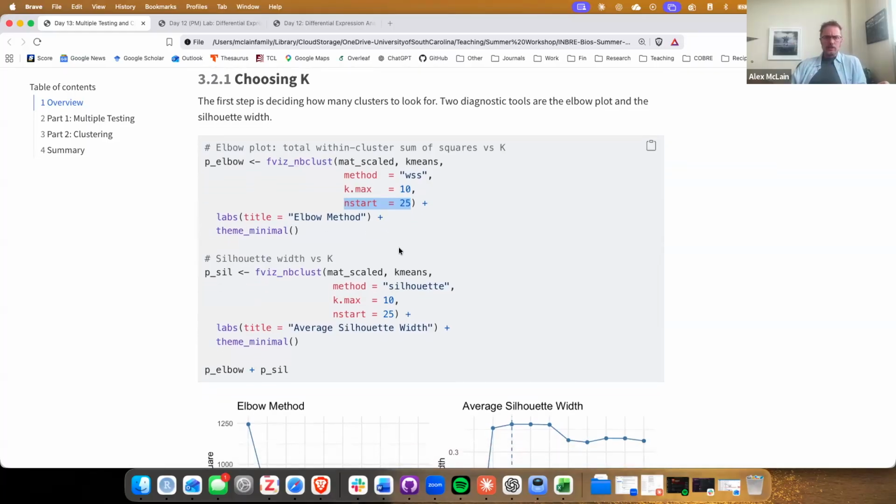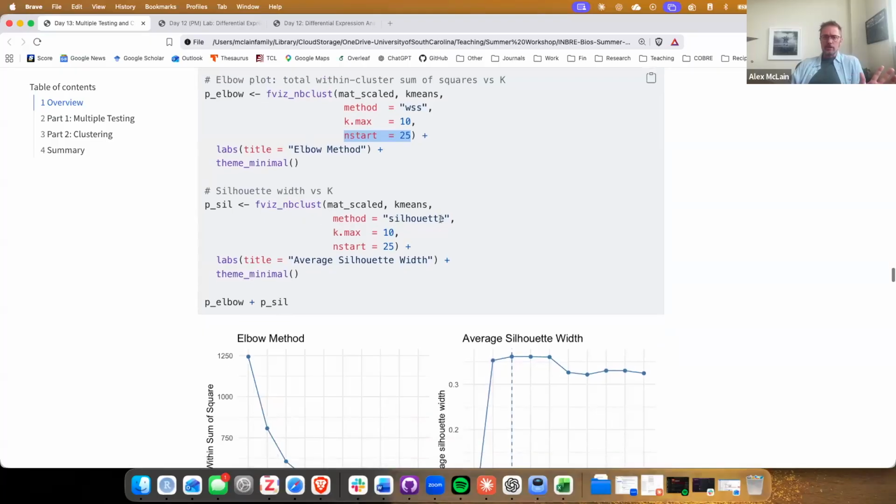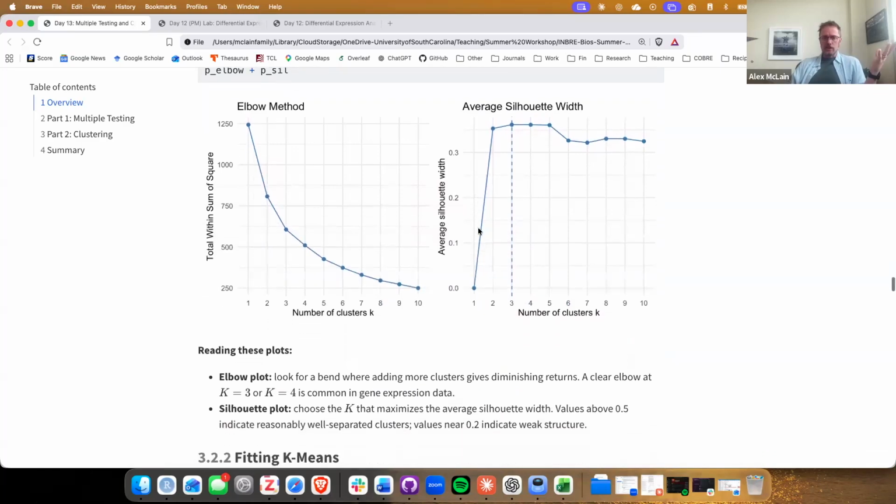And then just adding a title. The second one, here's where we are looking at the silhouette width. Rest of the code is the same. So the only thing that's changed is here we have silhouette versus within sum of squares, WSS. And these are the figures that we just looked at.